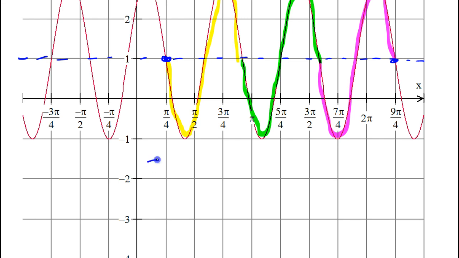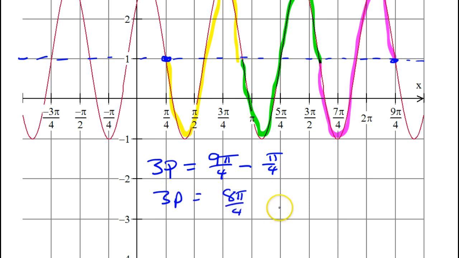Okay, so 3 periods, 3 times the period, should be what I would get if I subtract the higher value, 9 pi over 4, minus the lower value of simply pi over 4. So 3 periods of this function should be 8 pi over 4.